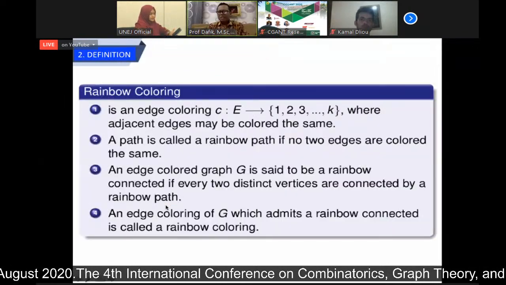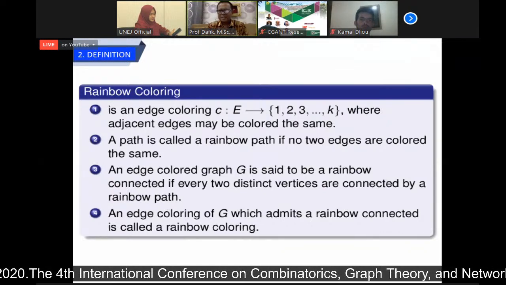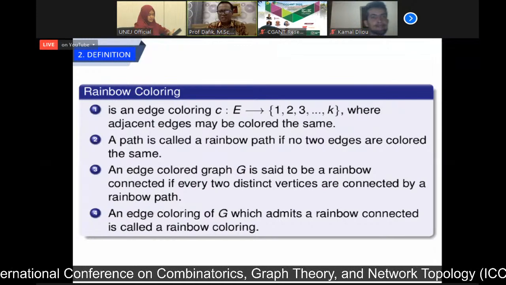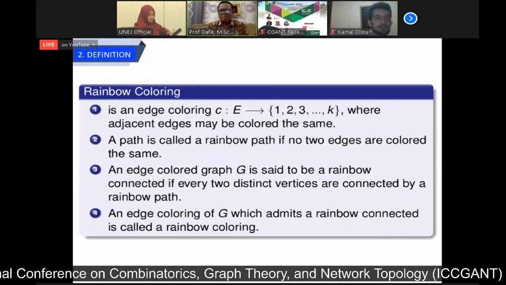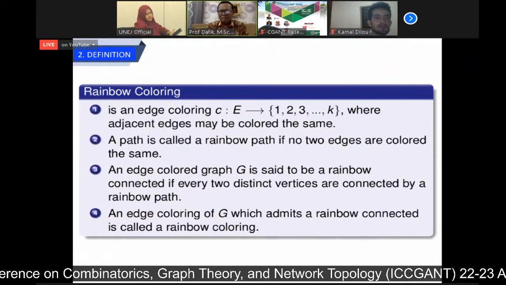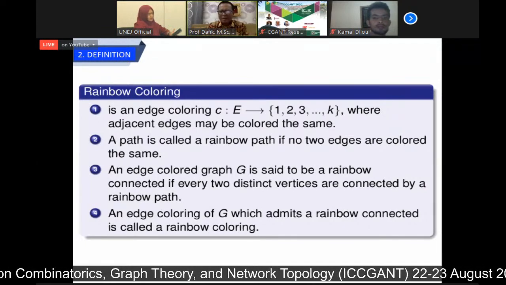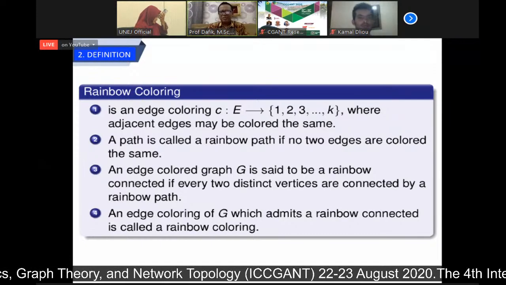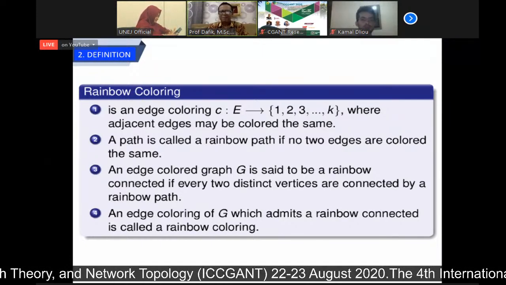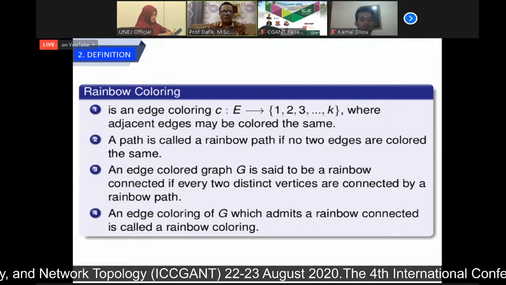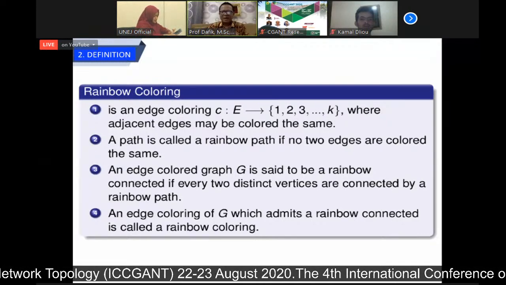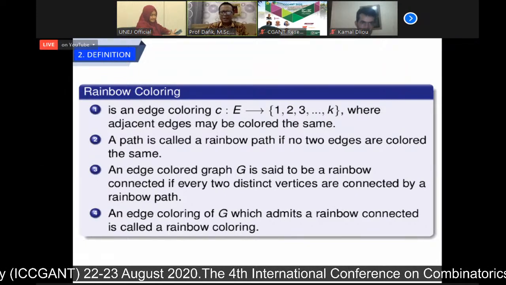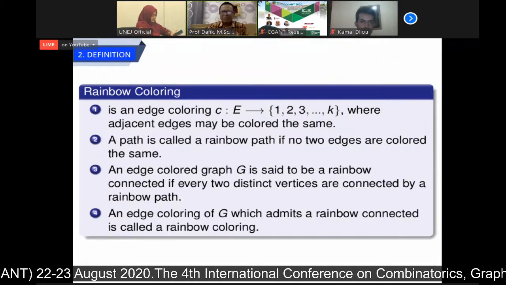Now, the second definition. This is the new notion in our research, combining anti-magic labeling and rainbow coloring. Previously we have the rainbow coloring definition, and rainbow coloring is already an interesting study in graph theory.